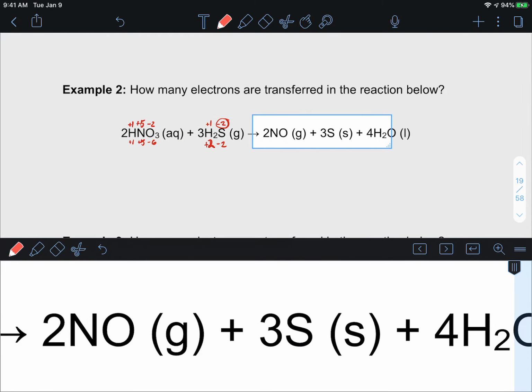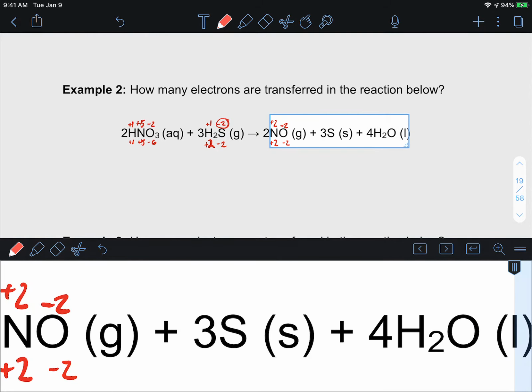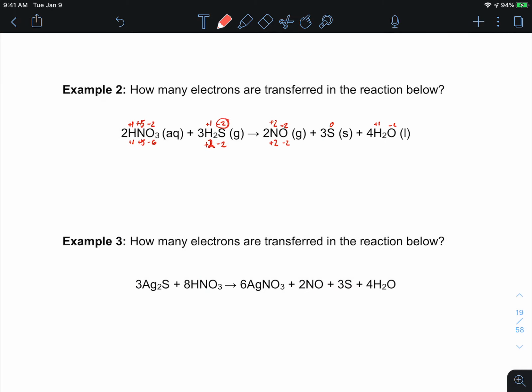Now if we go over to the nitrogen monoxide, oxygen is always assumed at -2, so the nitrogen must be +2. And the sulfur is 0, because it's a metal. There's, of course, an oxygen and a hydrogen we don't care too much about. We want to identify the elements we're interested in: the nitrogen and the sulfur, because those both have a change of state.